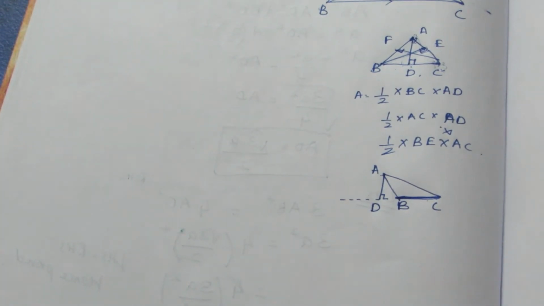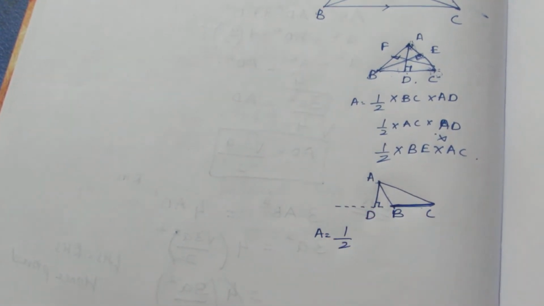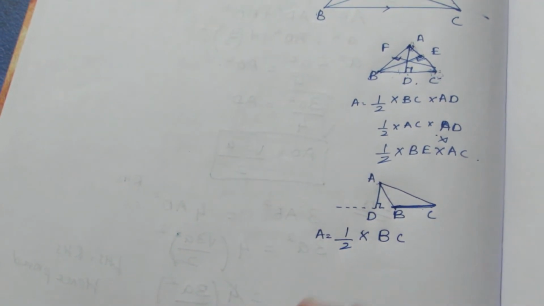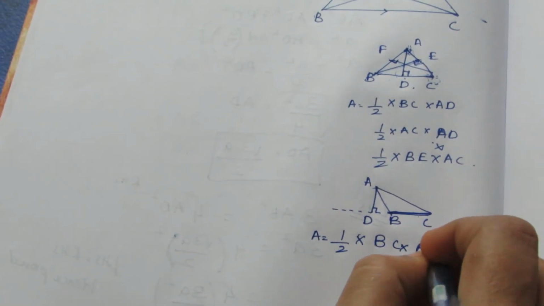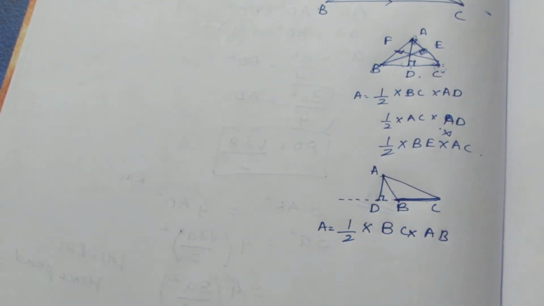AD will be my height and BC will be my base. So I can write the area of the triangle as half into base BC into height AD. DC is not your base. Your triangle is ABC, so it will be only BC, and your height can be taken outside the triangle if you can't draw a perpendicular inside the triangle.